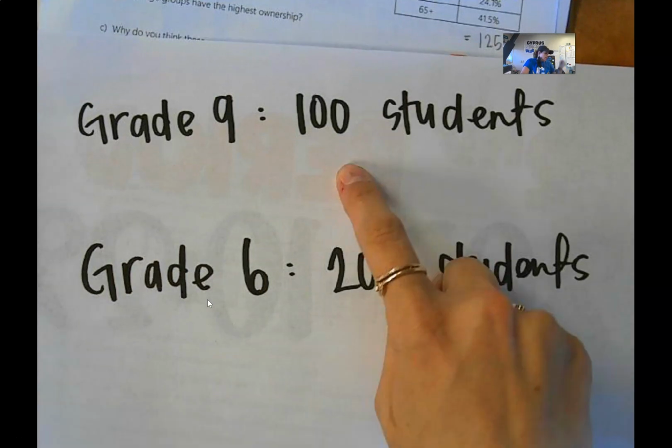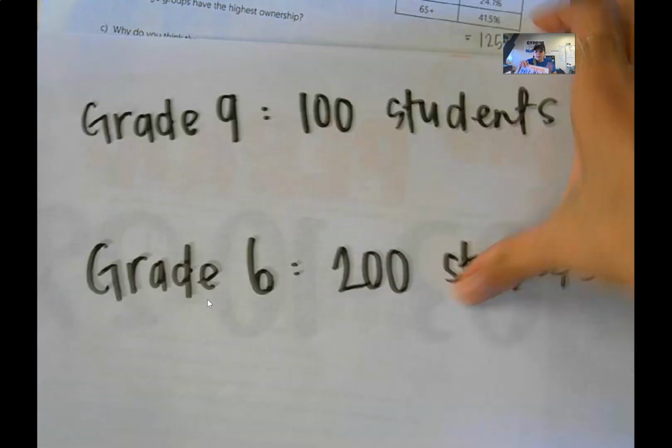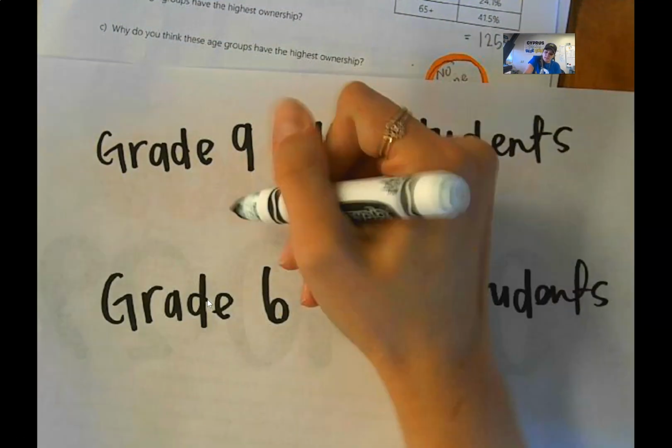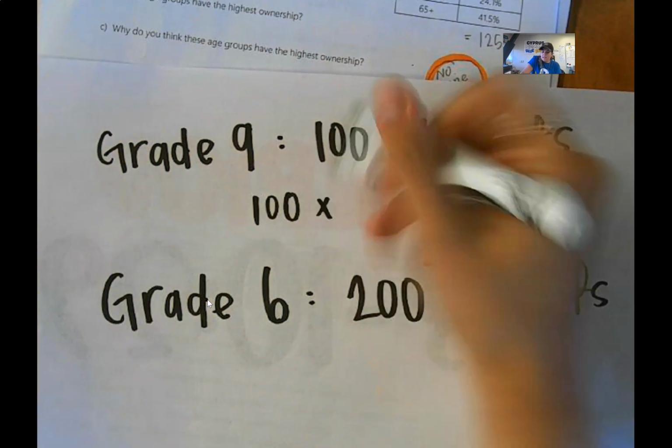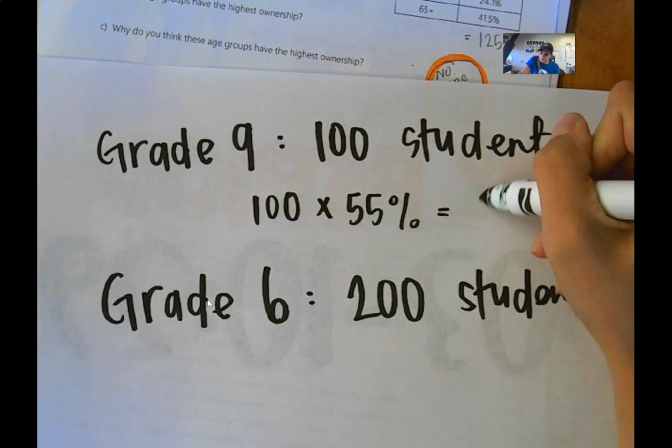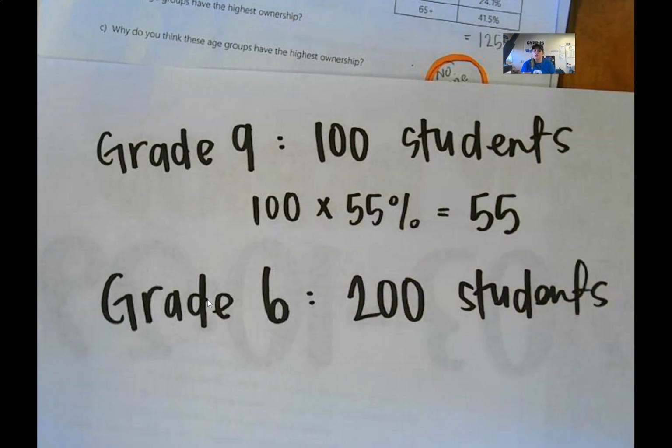Okay, well, in grade 9, we had 55% of people participate. So we would take 100 times 55%, and that would tell you that 55 students in grade 9 participated in the service activity.